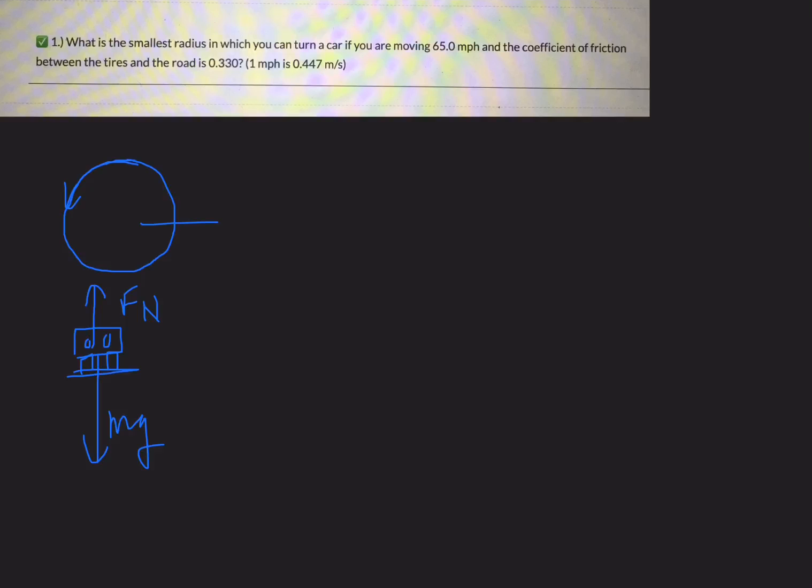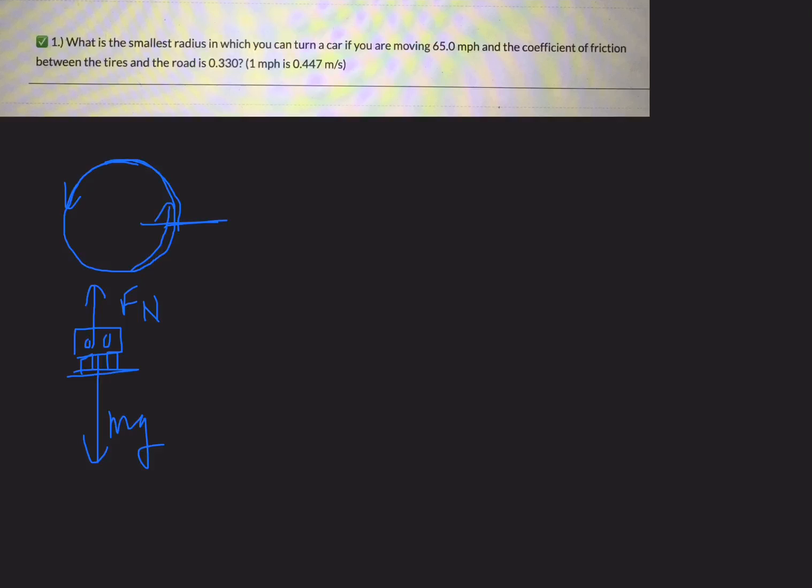And then what other forces do we have? Well, if this car is going around here really fast, there's a tendency for it to try to fly outwards, right? To fly off the track. So why wouldn't it? Well, it will eventually, as long as the grip of the tires and the rubber and the road, that friction, is allowing it to continue to turn and go around the track.